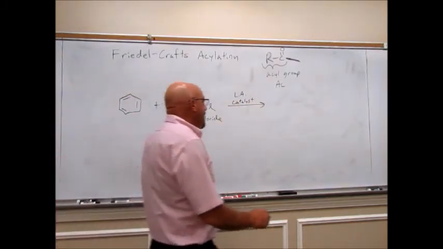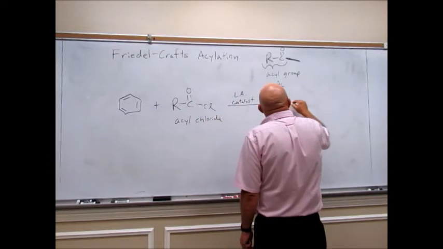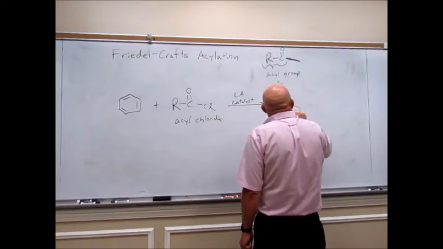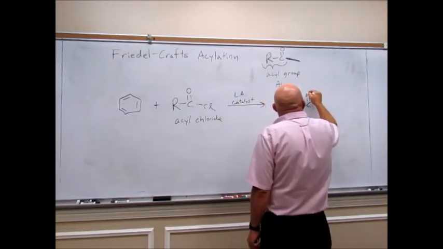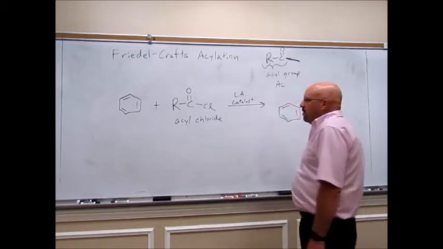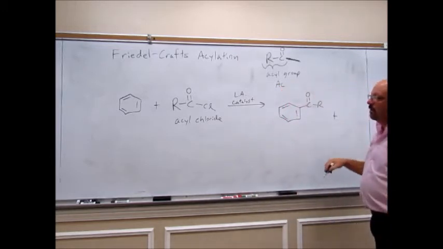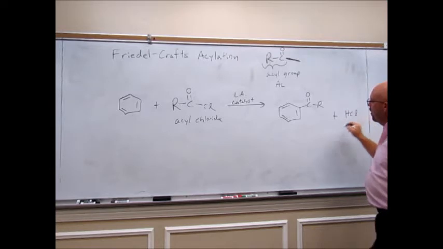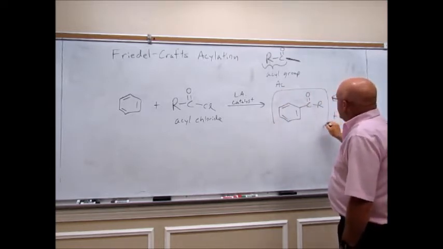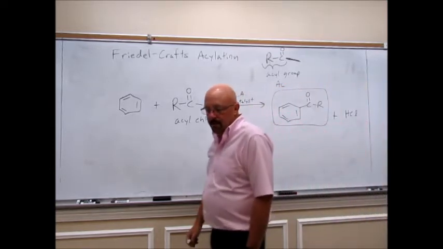And we will put an acyl group onto that ring. As a byproduct, we get HCl. But we have put an acyl group onto the ring.